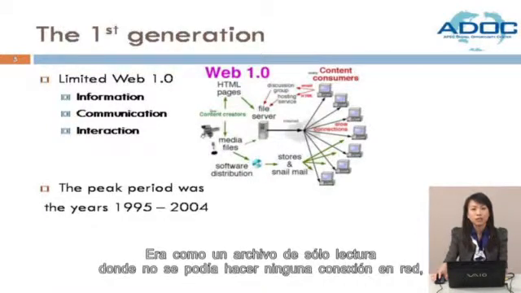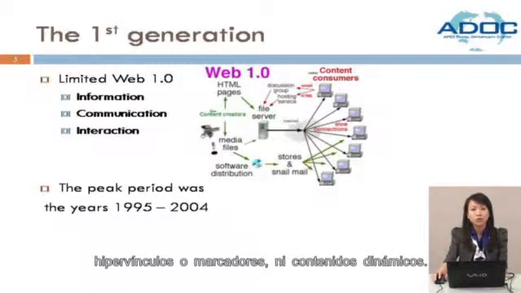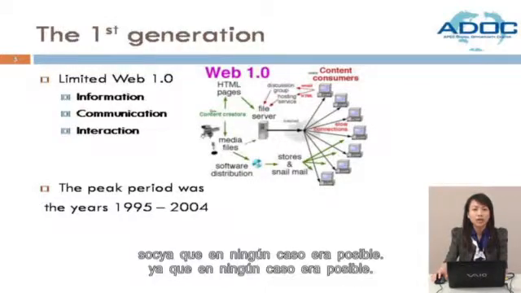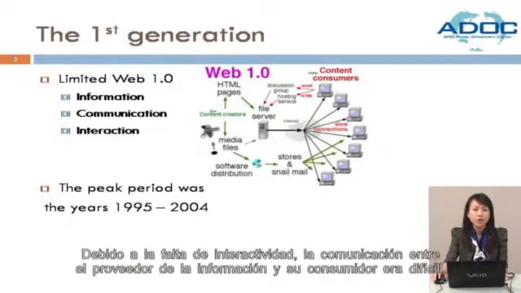It was like a read-only file where no networking could be done, no hyperlinking or bookmarking, and no dynamic content. As there was no interactivity, forget about social networking as it was not possible in any way. Because of the lack of interactivity, the communication between information provider and its consumer was difficult.